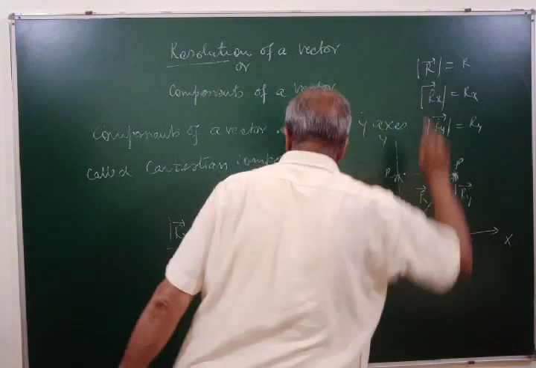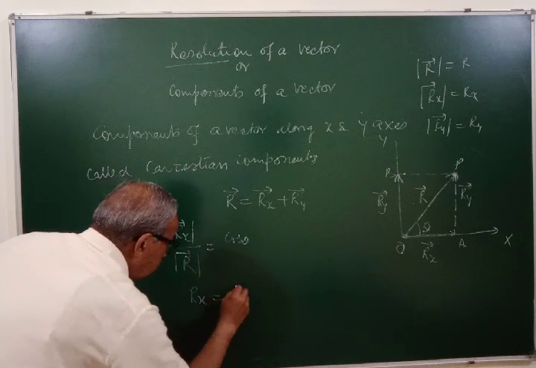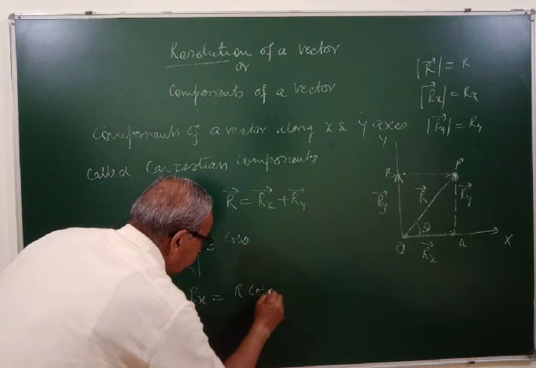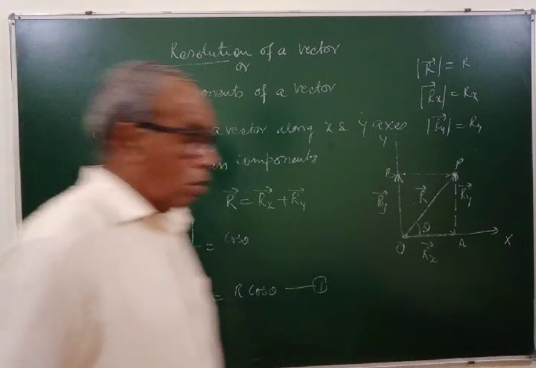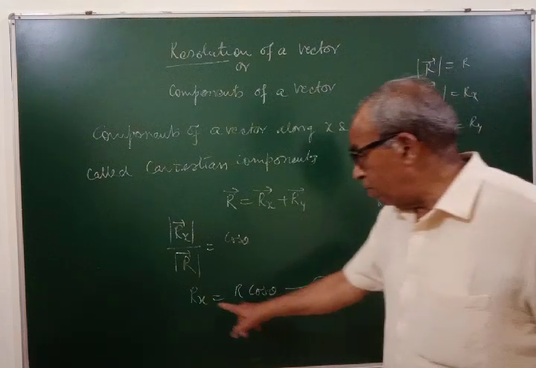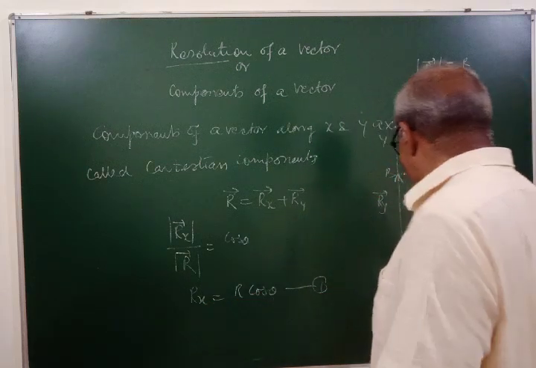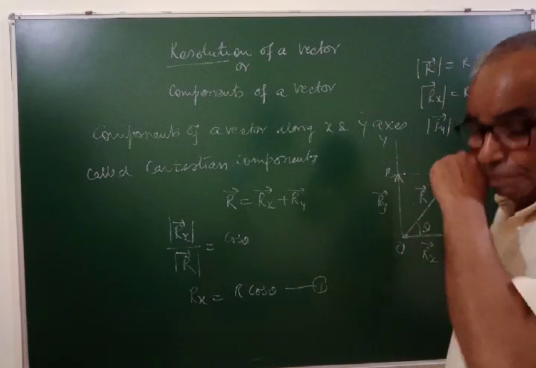And using this fact, we can write that Rx equals R cos theta. This is the magnitude of the component along the x-axis, the magnitude of component Rx along the x-axis in terms of theta and R.